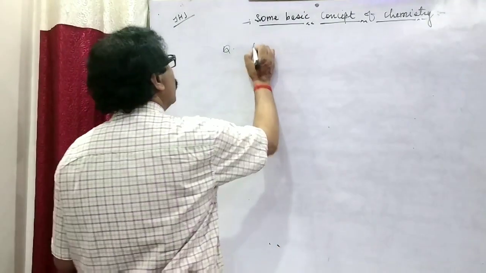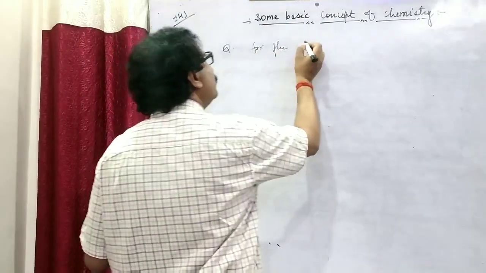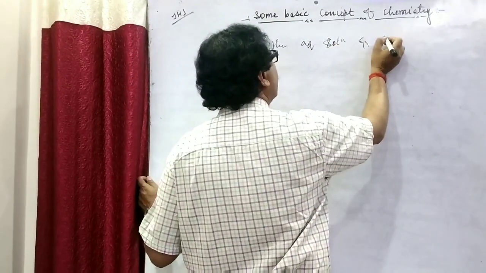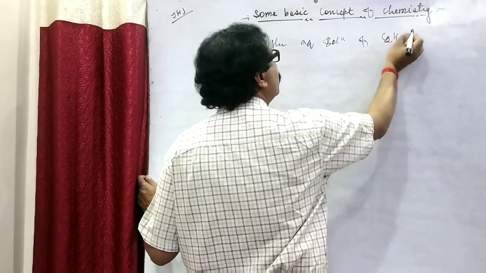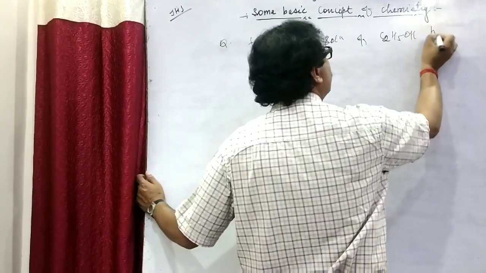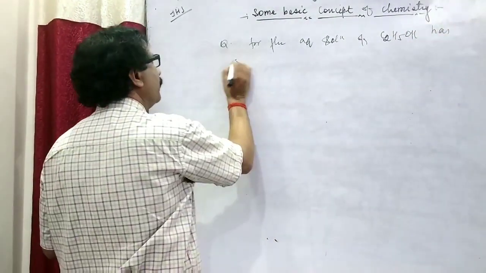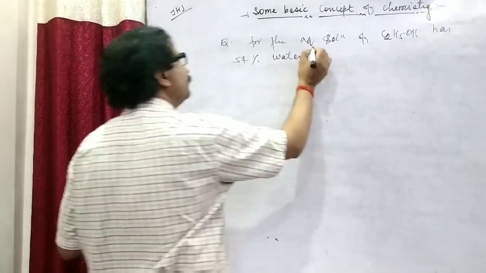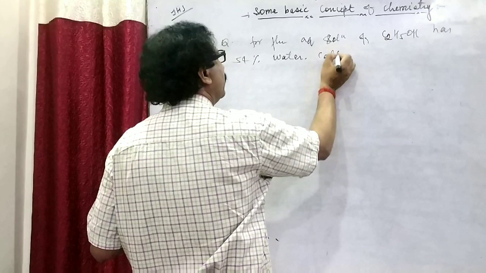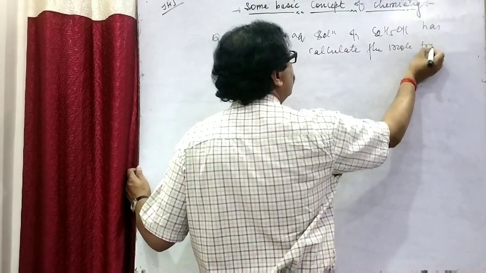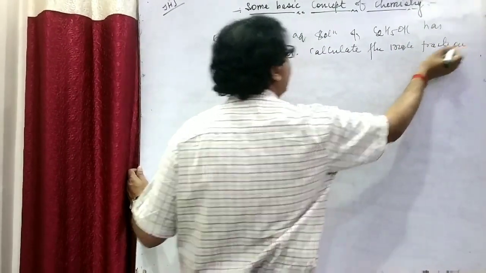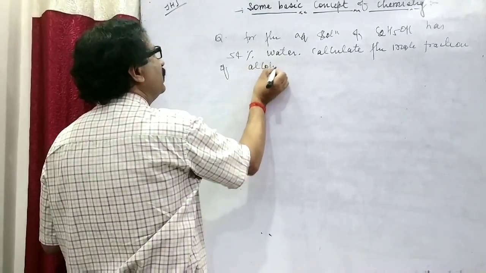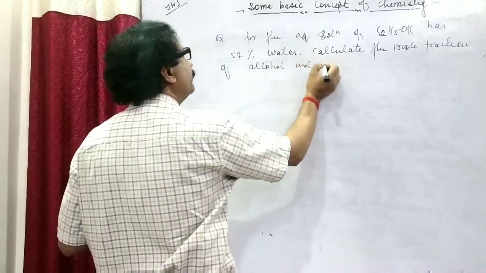See here. An aqueous solution of C2H5OH has 54% water. Calculate the mole fraction of alcohol and water.